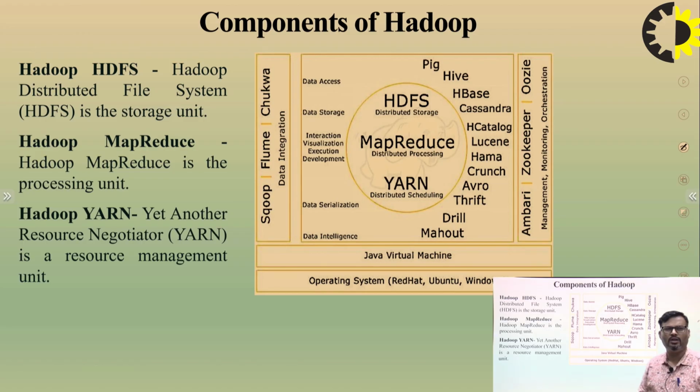MapReduce works for distributed processing, and YARN provides distributed scheduling, meaning Yet Another Resource Negotiator. This provides resources for the different types of work to be done, decides which type of processor will be applied to a job, and provides scheduling.